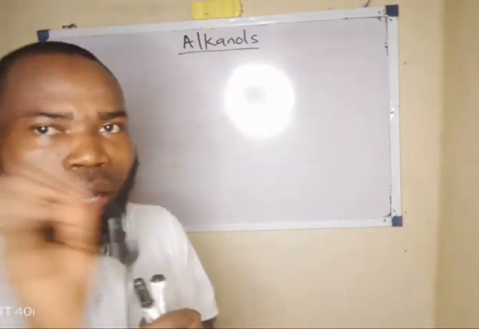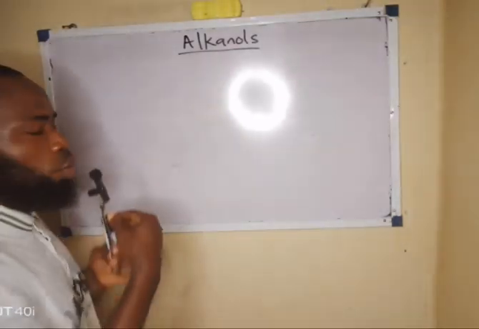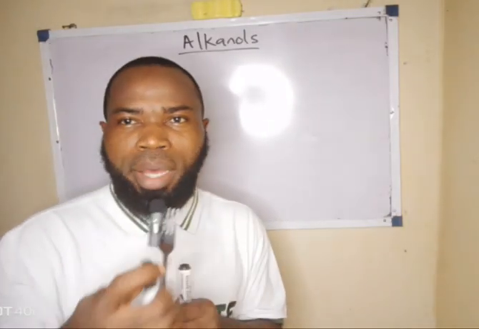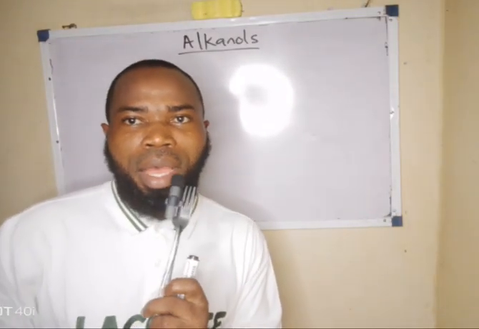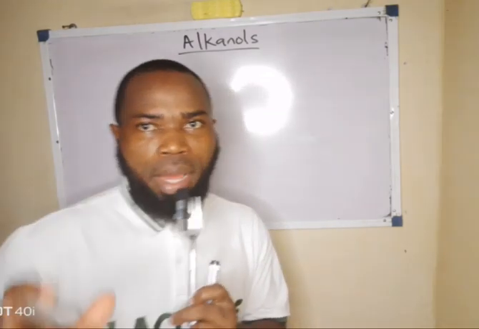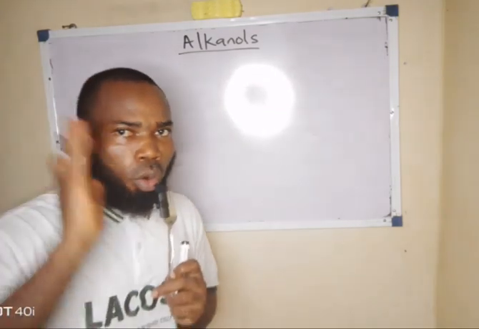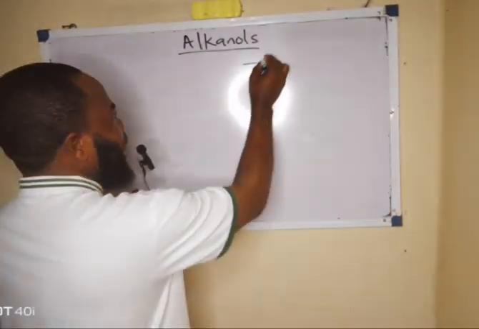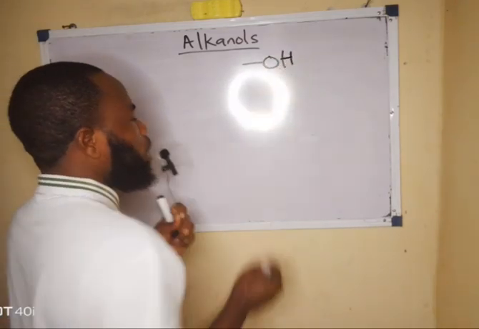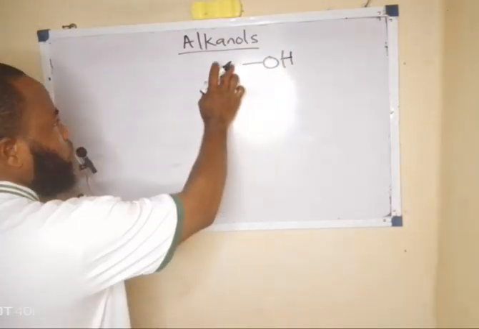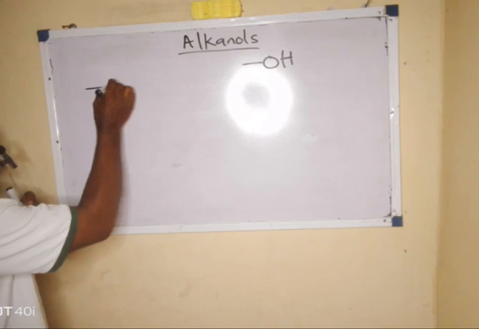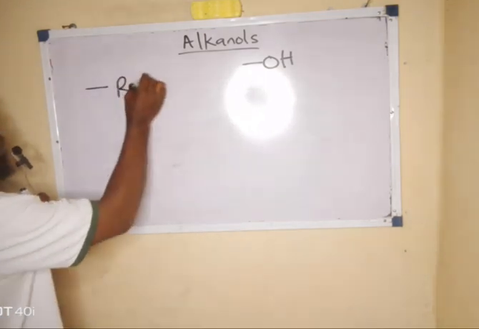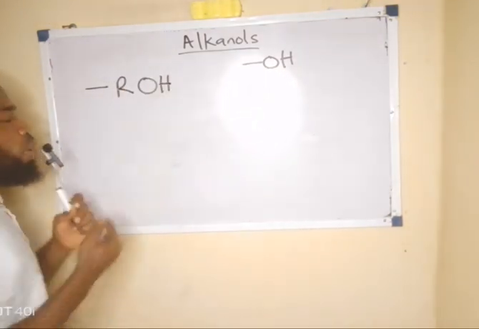So very quickly, when we talk about alkanols, for you to easily identify them, they have the hydroxyl group. You have gone through the previous video that I made on identification of organic compounds, so they possess the hydroxyl group. These alkanols therefore have a general formula of ROH.